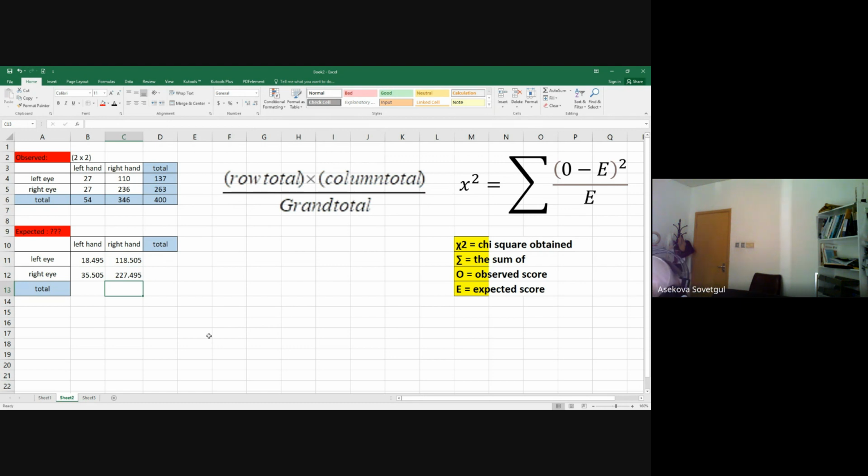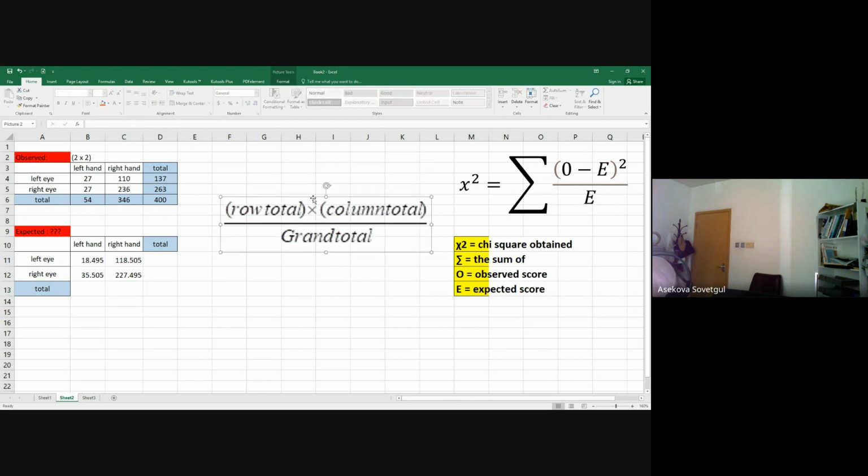Perfect. You see, this is how we are calculating our expected value using this simple formula: row total multiplied by column total divided by grand total. That is why we first have to calculate the total values for each category in association with the second category. After doing that, we can use these total values for the test of independence. So here I simply do summation.